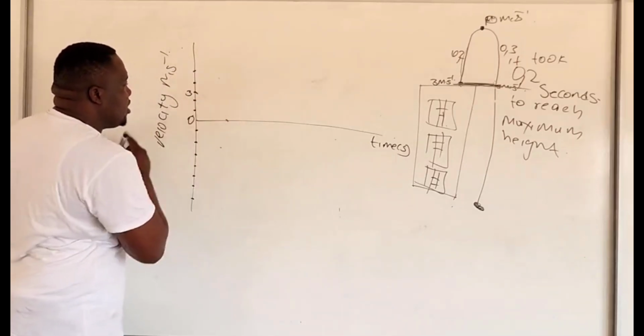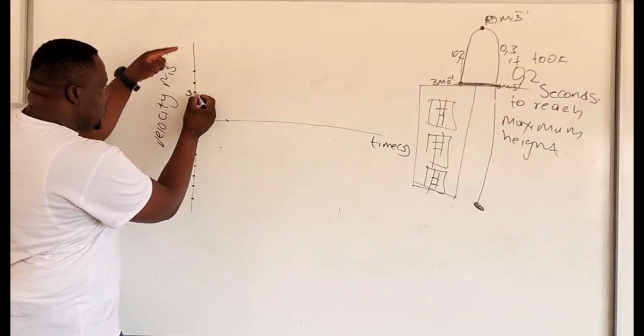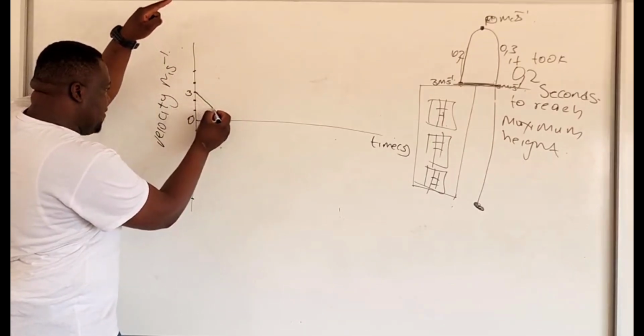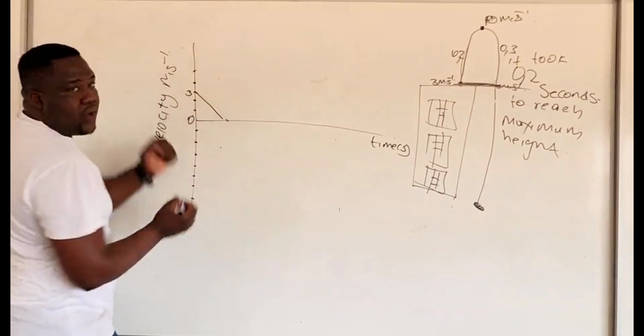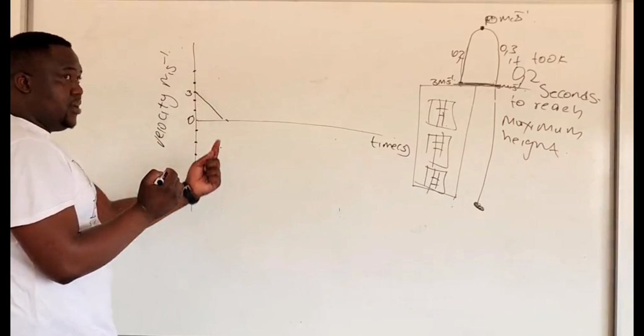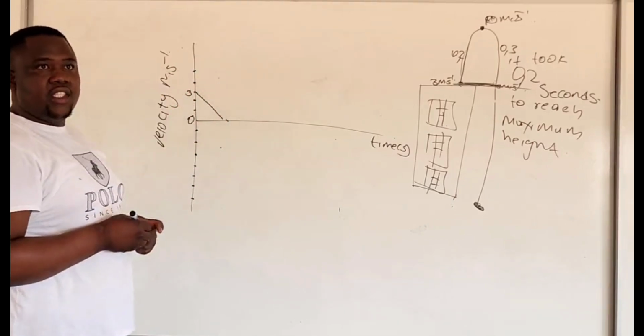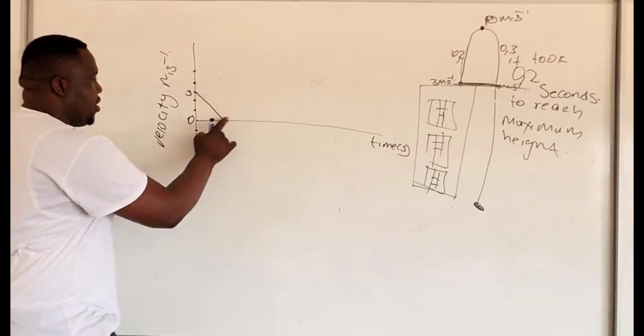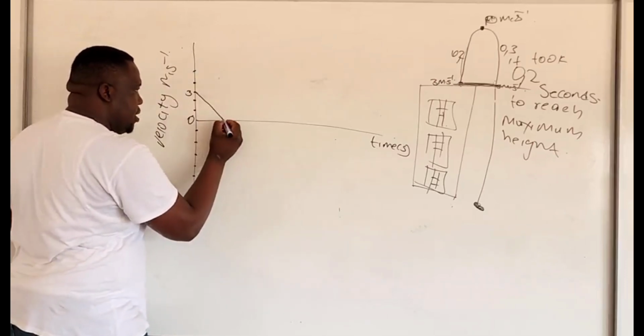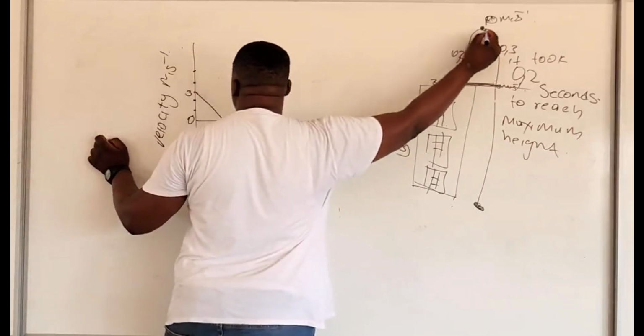Can you see that as the object is going up, this graph is approaching what? 0. It is slowly becoming 0 until it becomes 0 at the maximum height.